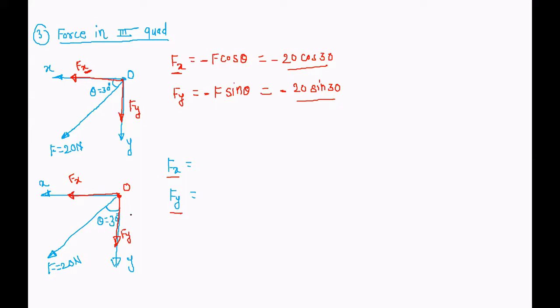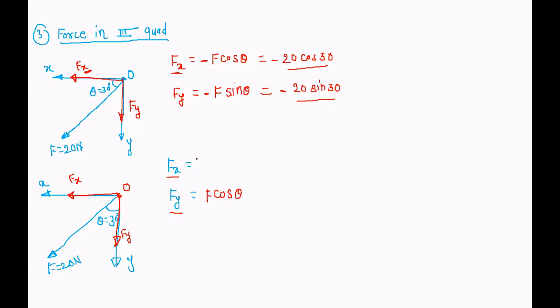So we have to observe this angle, as angle theta is given with respect to y-axis. Okay. So Fy will become the adjacent. So for the adjacent, we have to use the cos theta. So Fy is equal to F into cos theta. And Fx will become the opposite.